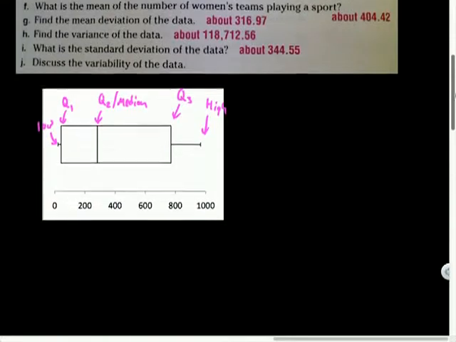And the value of a box and whisker plot in terms of measuring variability is that each of these locations represent 25% of your data. All right? So you can see that this region right here, the smallest little region right there, represents 25% of the data.